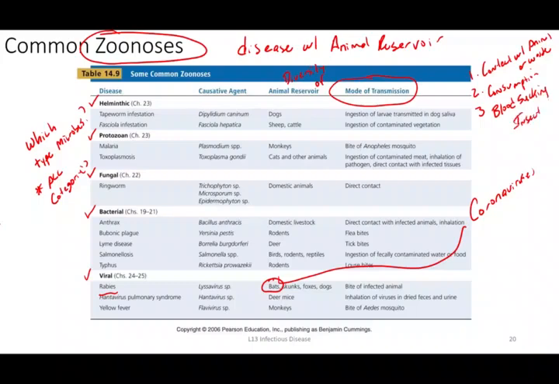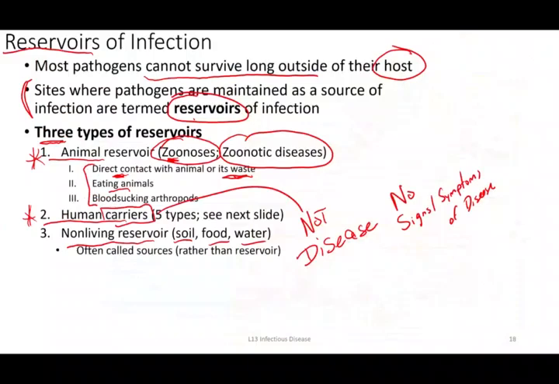Arthropod is better, but most people know insects. Depending upon the zoonotic disease, it's going to be one of those three. So ingestion of contaminated things, a mosquito bite, and here's lice and ticks and fleas, et cetera, et cetera. So just realize that for all zoonotic diseases, there's going to be some specific mechanism of how it's going to be transmitted back to humans through one of these three that's listed now on this slide, as I wrote out, but also on the previous slide as well.